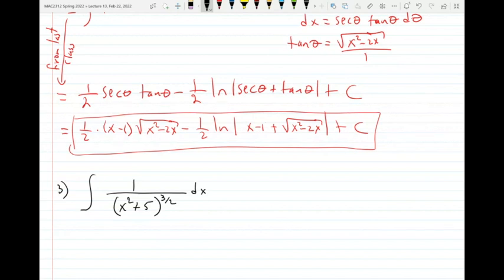So when you see this, you may say, well, I don't really see a radical here, so why should we think about trigonometric substitution? And really the point is that you don't even need to see the 3/2. If you will, the radical is right here, right?